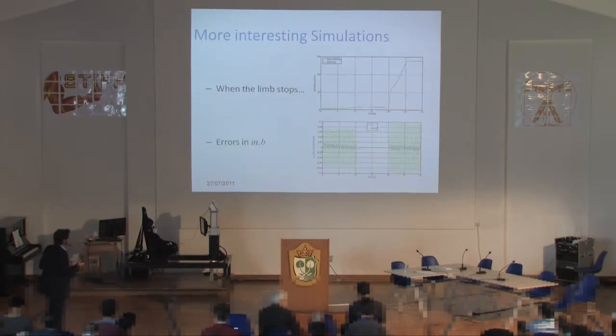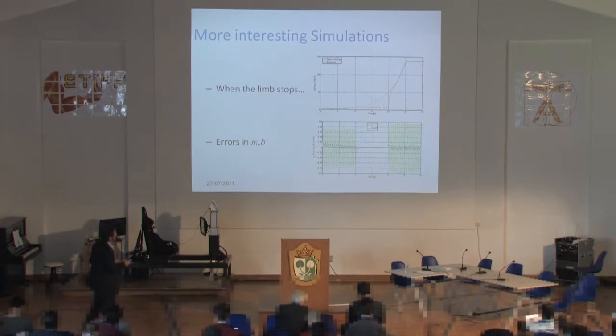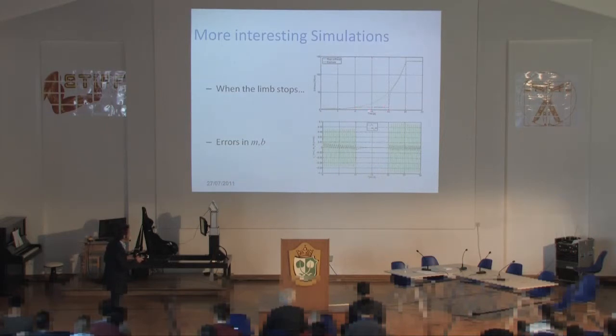Simulations work well. What does the algorithm do when the link is not moving? For instance, here, the link starts moving until here, and we track the stiffness correctly. Then from 10 to 20, the link is not moving, but the stiffness is changing along the green line.